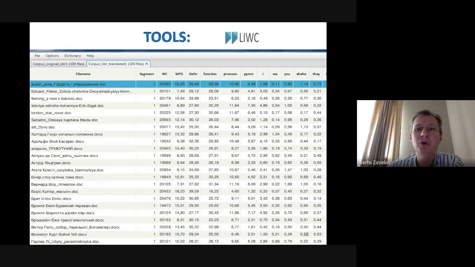You see how it looks, all the data in the tables, and the left column is represented by text, and all of them, for example, WPS. The third column means words per sentence, that is the mean number of words in a sentence.